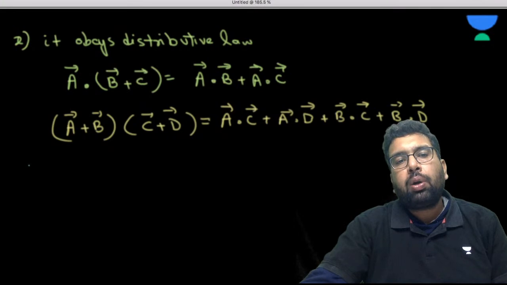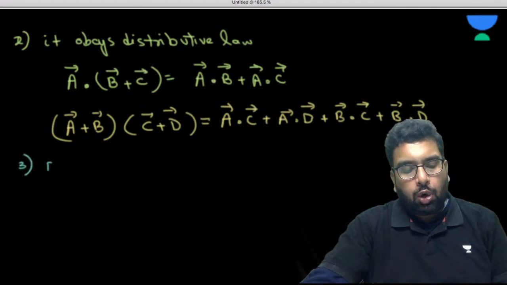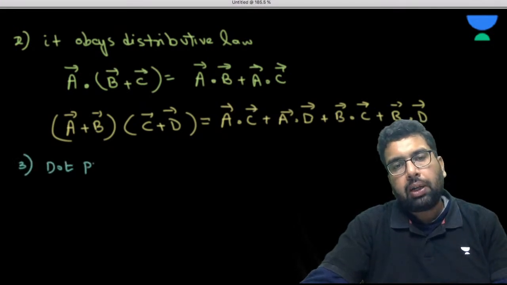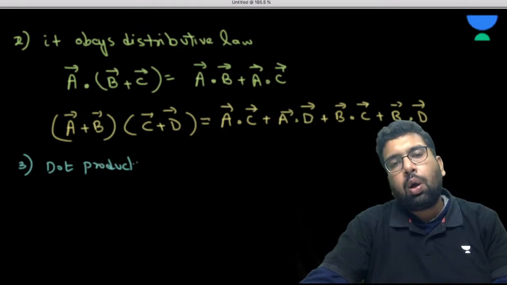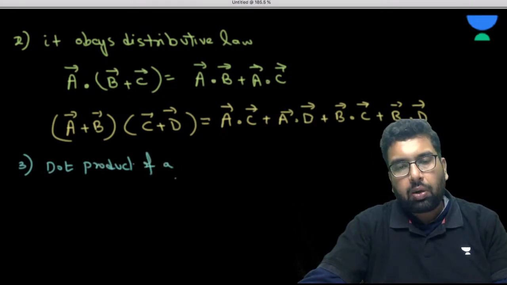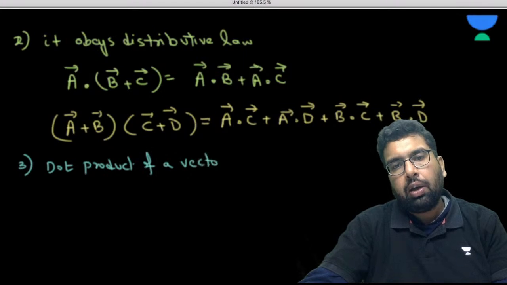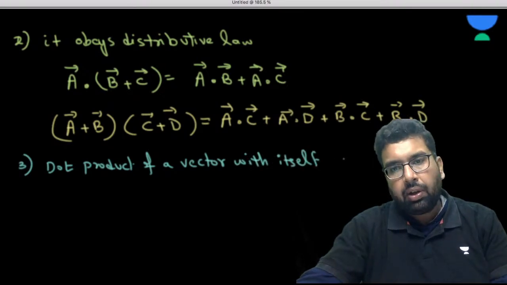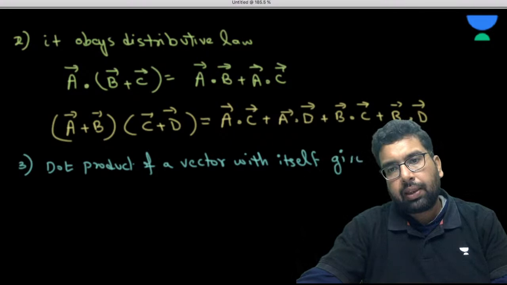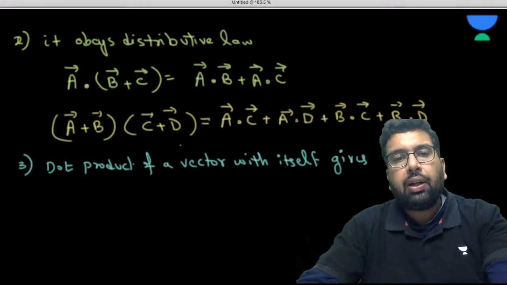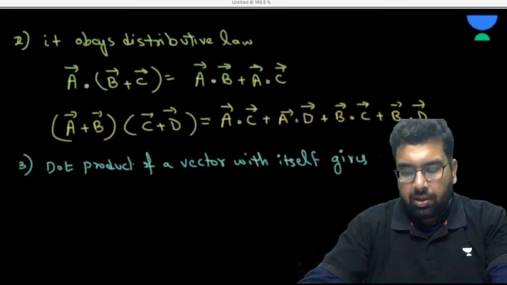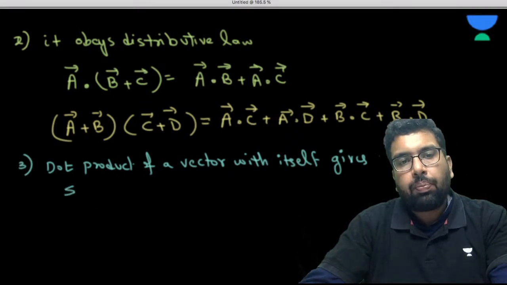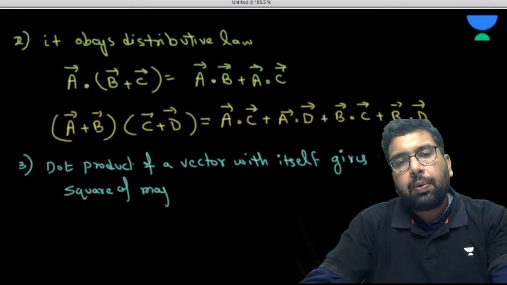Now, very important: the third property is that the dot product of a vector with itself gives the square of its magnitude.